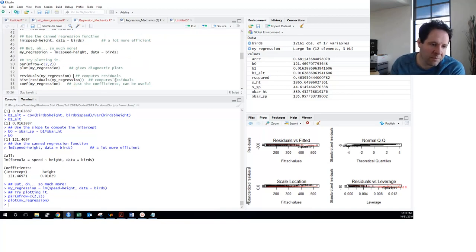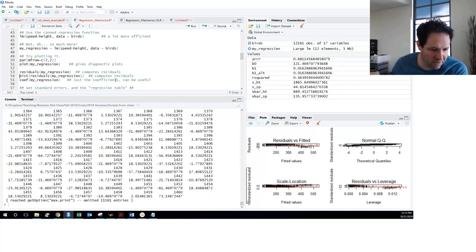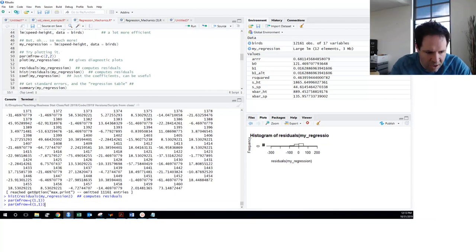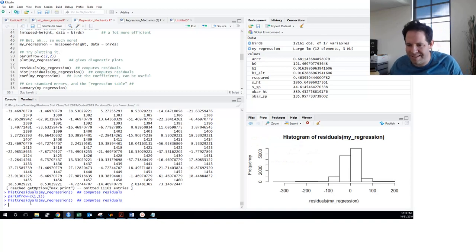From the regression, you can compute the fitted residuals. Here's, for every observation, how the regression did. You can show a histogram of the residuals. Well, that's a little weird. Why is that weird? Well, I didn't do my par mfrow to get back to one panel. Just do the histogram of the residuals. You can see what the residuals look like.